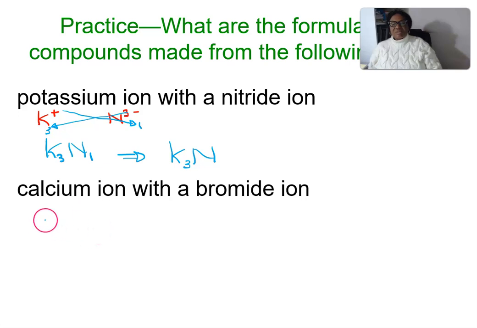Let's look at calcium. Calcium is in group 2, so 2 plus. Bromine is in group 7, Br minus.